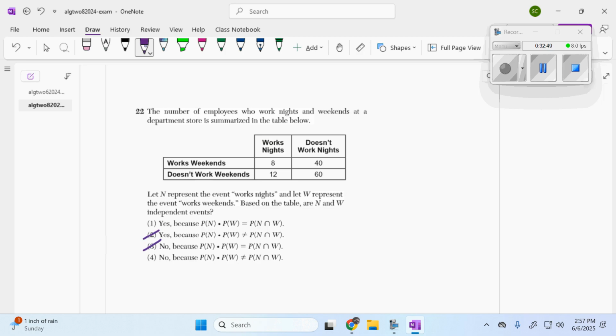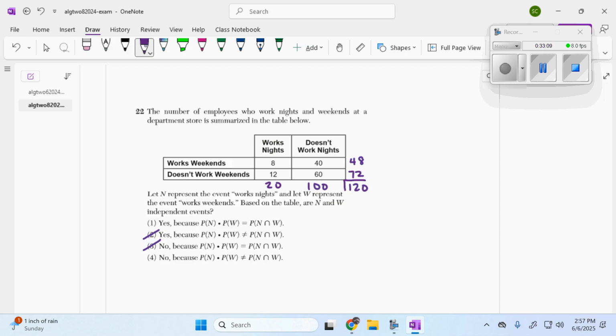Now, if you do some quick calculations here, you can see that there are 20 total people that work nights, there are 100 total people that don't work nights, there are 48 total people that work weekends, and 72 total people that do not work weekends, for an overall total of 120.